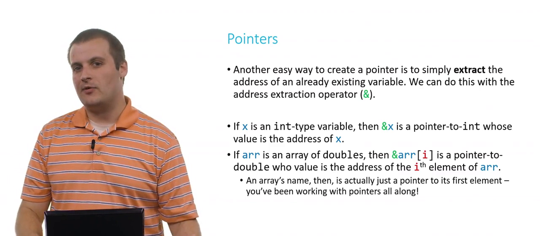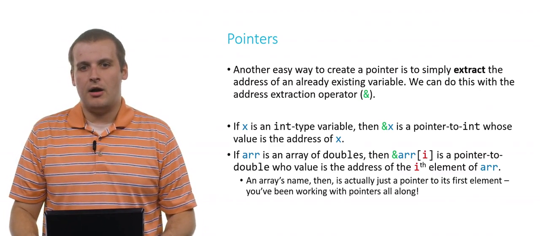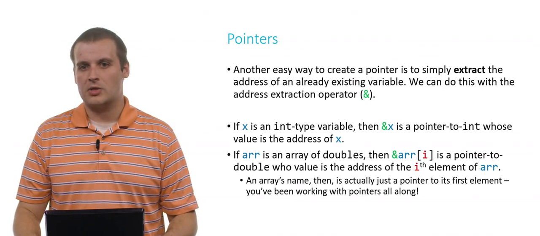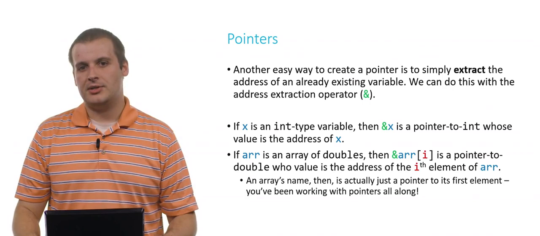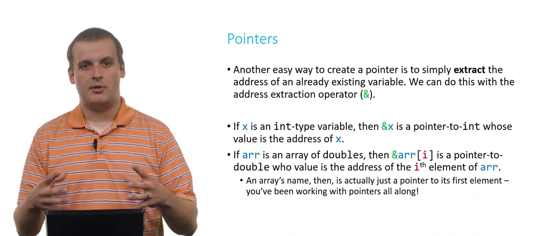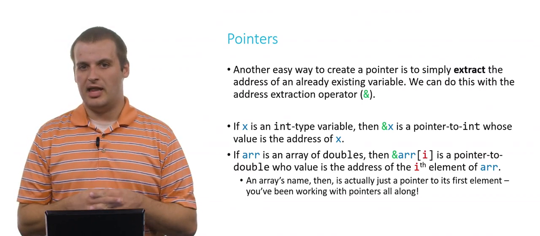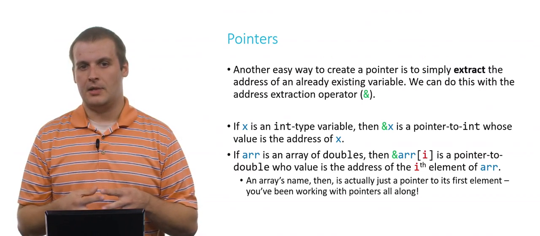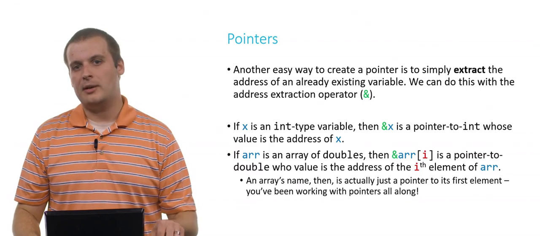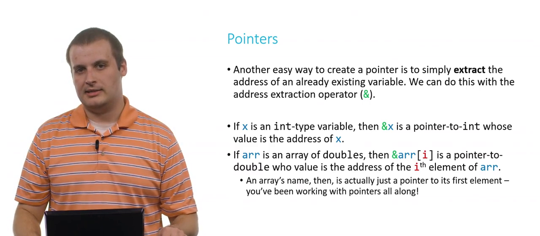Let's take this one step further and connect to something I alluded to in a prior video. If ARR is an array of doubles, then ampersand ARR[i] is a pointer to a double. ARR[i] is the ith element of that array, and ampersand ARR[i] is where in memory the ith element of ARR exists.